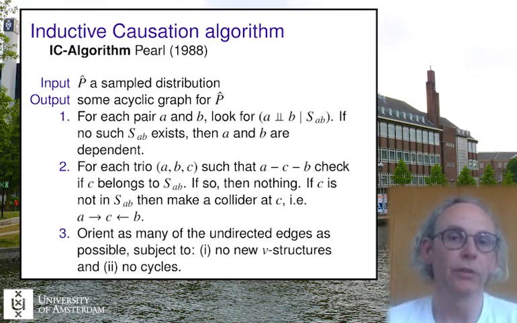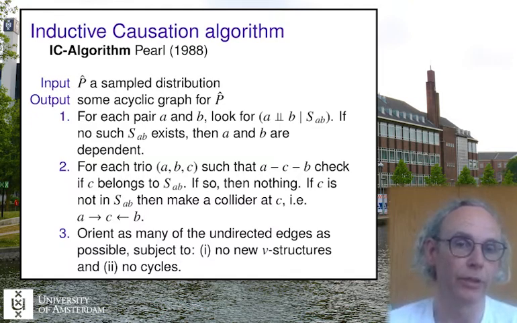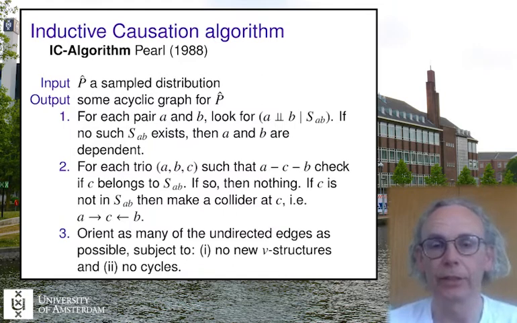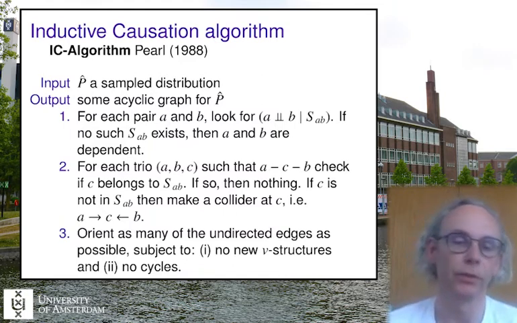So this is the general idea of the inductive causation algorithm, and it's one of the first to arise, together with the BC algorithm. They are basically the same. And as I said, there are many variations to this, but all of them use the first two rules, and the third also, but there are many variations on how to introduce new versions to get as many undirected edges as directed.